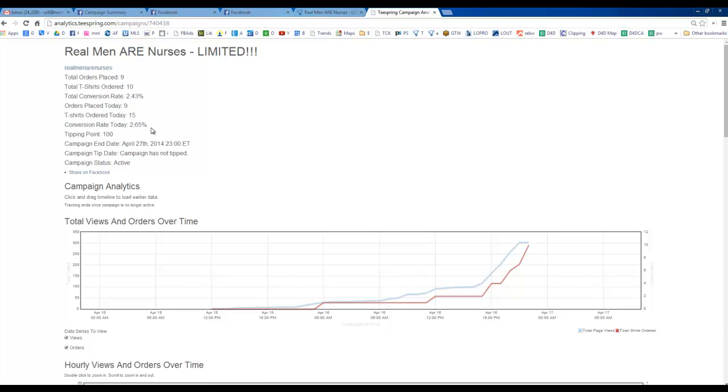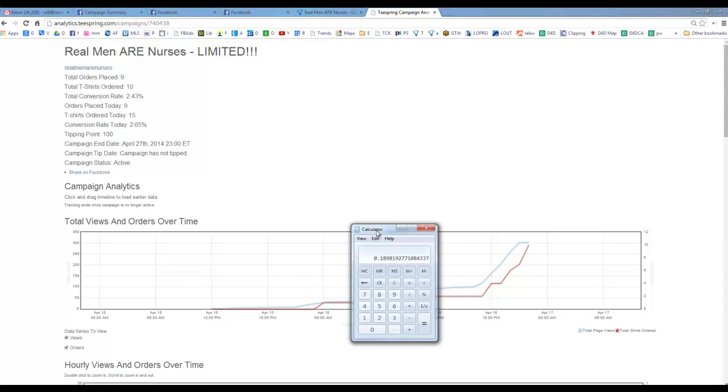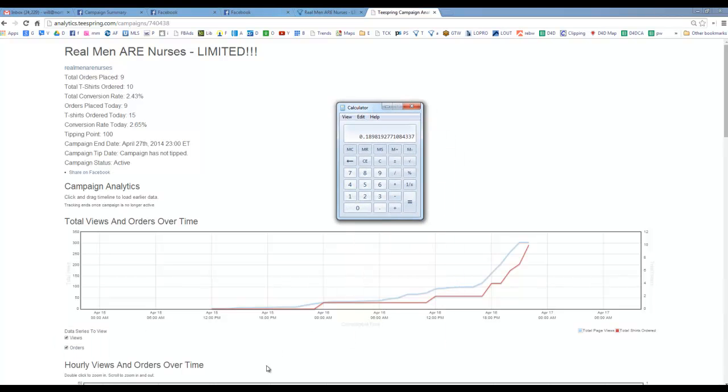So again, meaning for every 100 people that visit our landing page, I shouldn't even say people, I should say clicks to the website, because sometimes people will go there 2 and 3 times, right? But let me show you some cool math here. Let's do a little calculation.